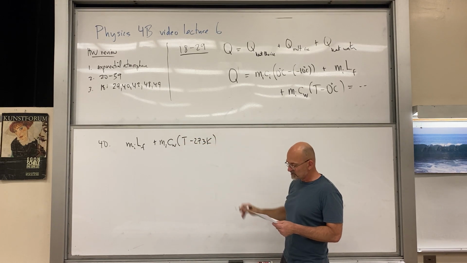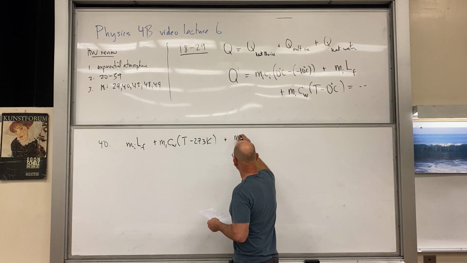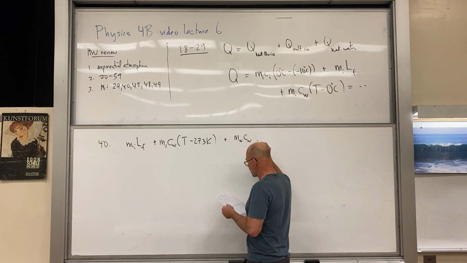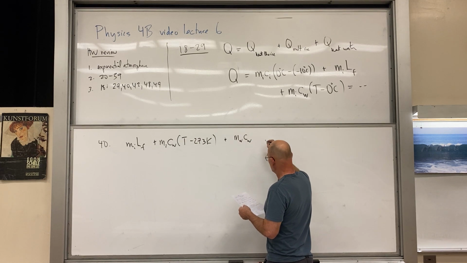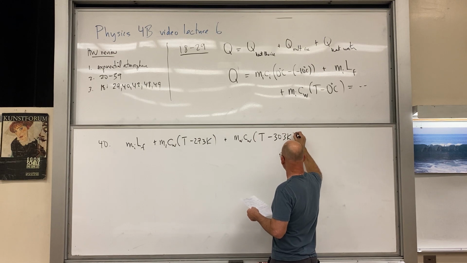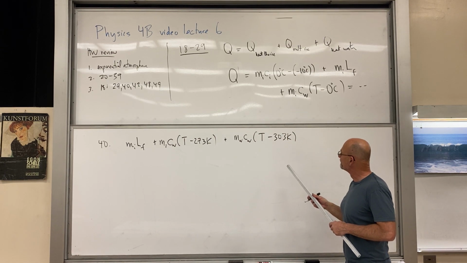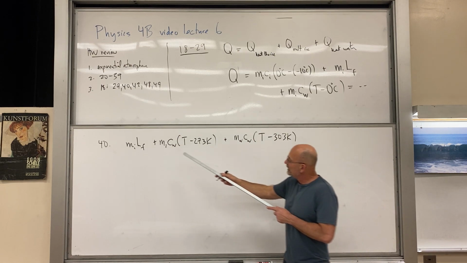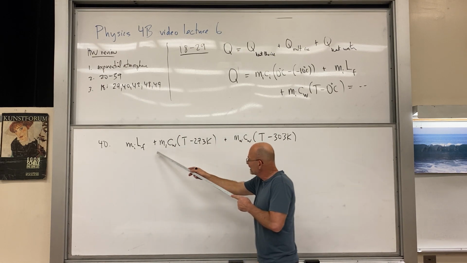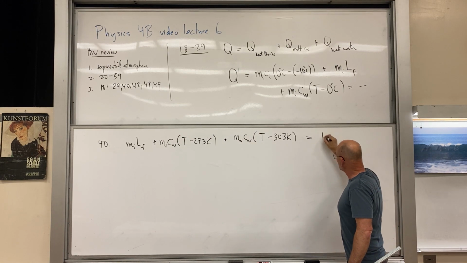The delta temperature doesn't matter, plus mass of water, specific heat of water, T minus 303 Kelvin. Okay, so those are energy quanta. Okay, energy plus energy plus energy. In the calorimetry problem, it all equals 0.